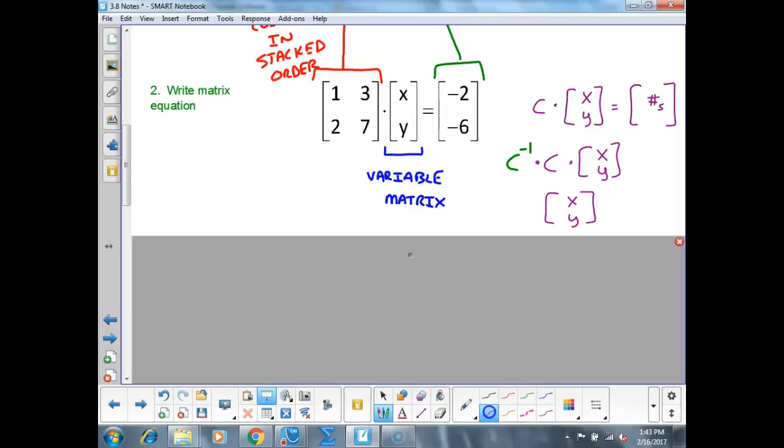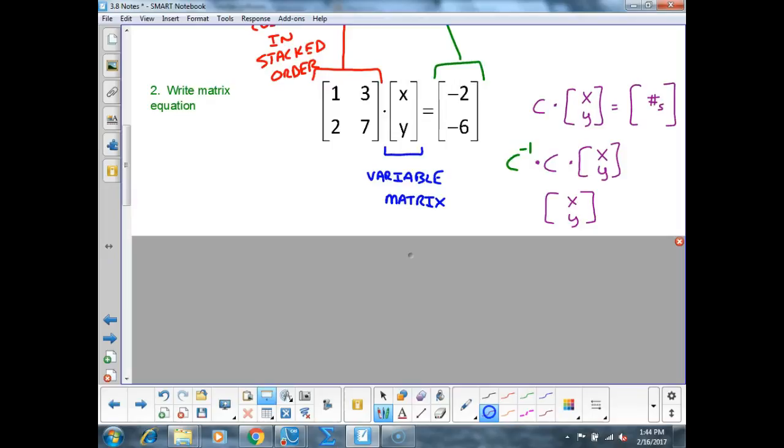So if I multiply the left side by the inverse of C, what do I have to do on the right side? Multiply by the inverse of C. Now C is a matrix, right? So how can I multiply by C on the right side?